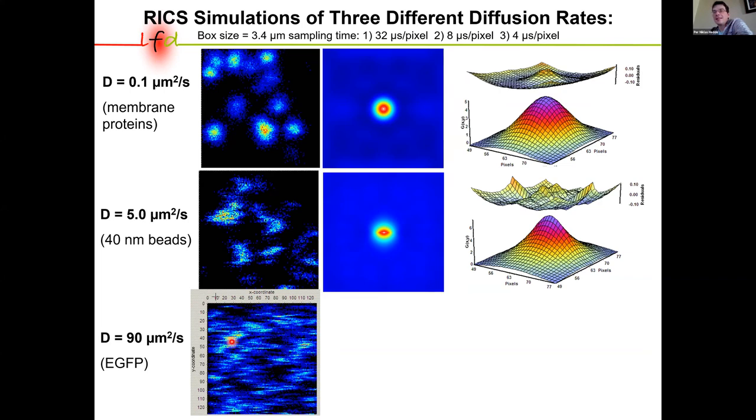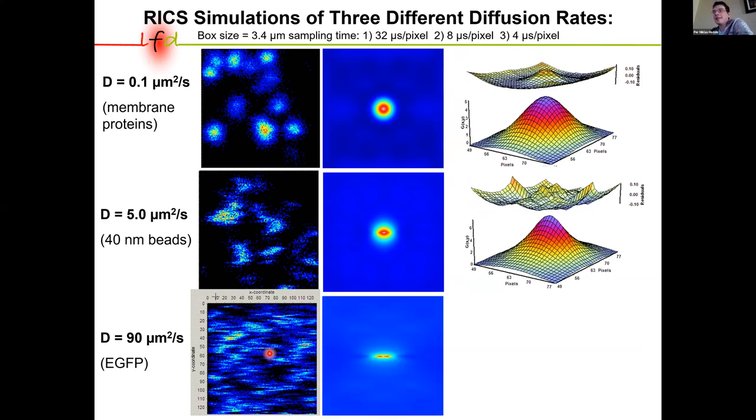But the reason you have these stripes is that you are able to follow the motion of the molecule in one line, but once you arrive at the next line, it's already gone. And this is exactly what you see in the correlation function. You see a strong compression in the y direction and then a strong elongation in the pixel, x direction in this case.